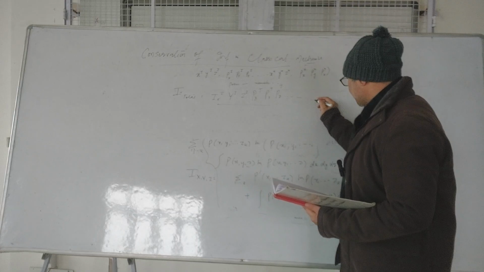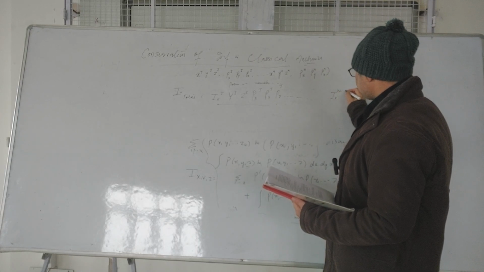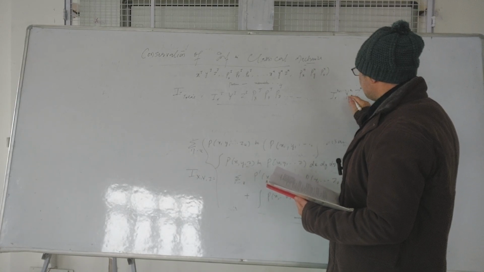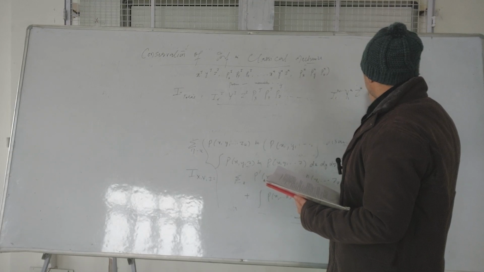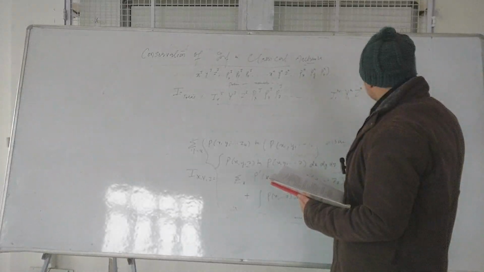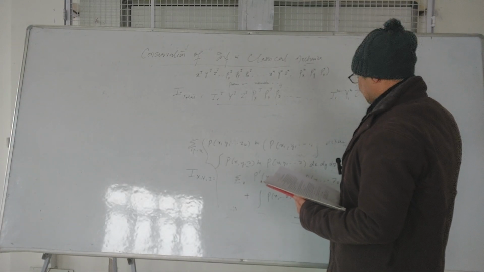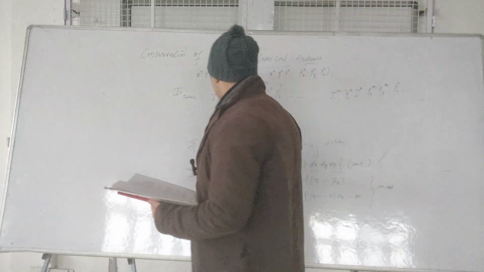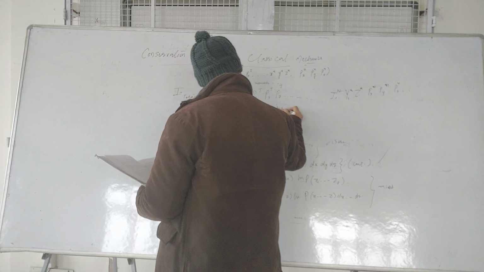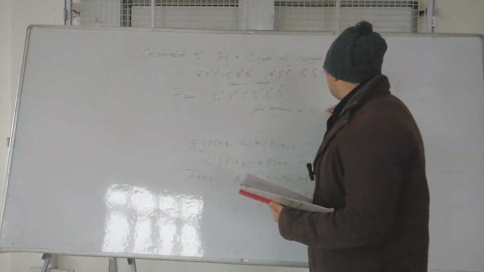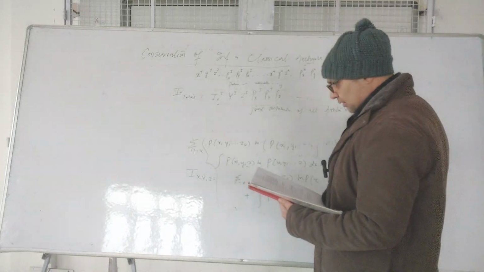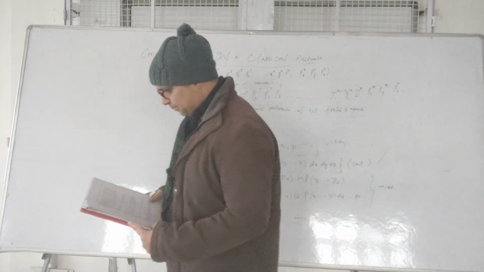Now we can have variables x_n, y_n, z_n, with p_xn, p_yn, and p_zn, and so on and so forth, which is the joint distribution of all positions and momenta, which remain constant in time.